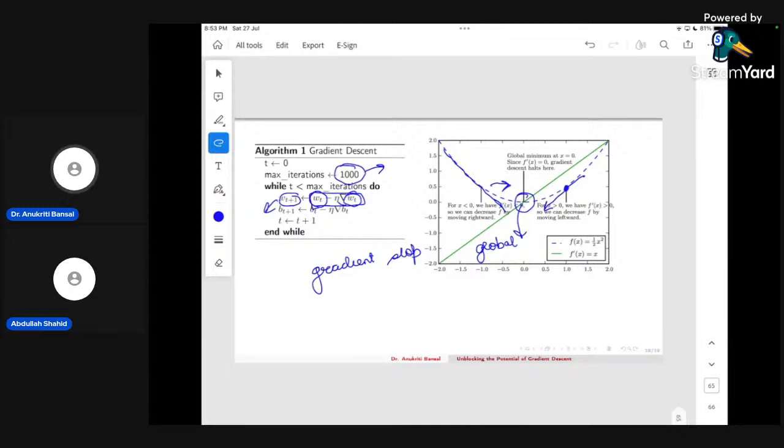And how it works, as the name suggests, descent means in the direction opposite to the gradient. So it makes sure that we are going in a direction that will help in decreasing our error and give a better approximation. So this is all for this slide.